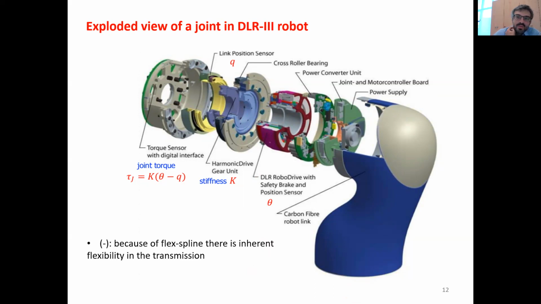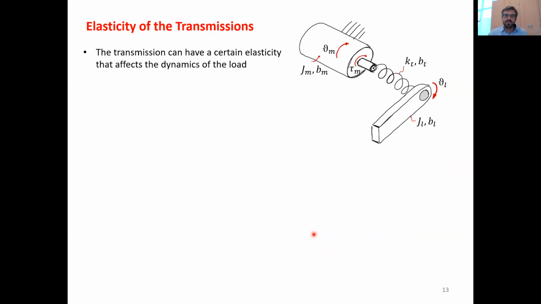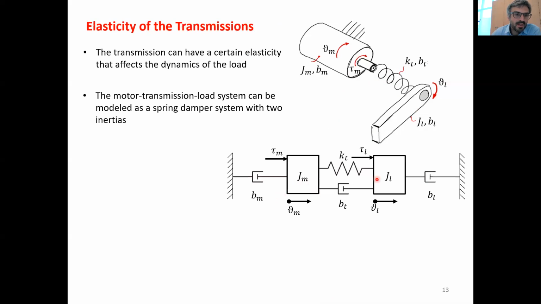These transmissions should be taken into account and modeled appropriately if we want to achieve a high performance controller. And the way you model the elasticity in the transmission, which is affecting the dynamics of the load, is by means of a spring damper model.